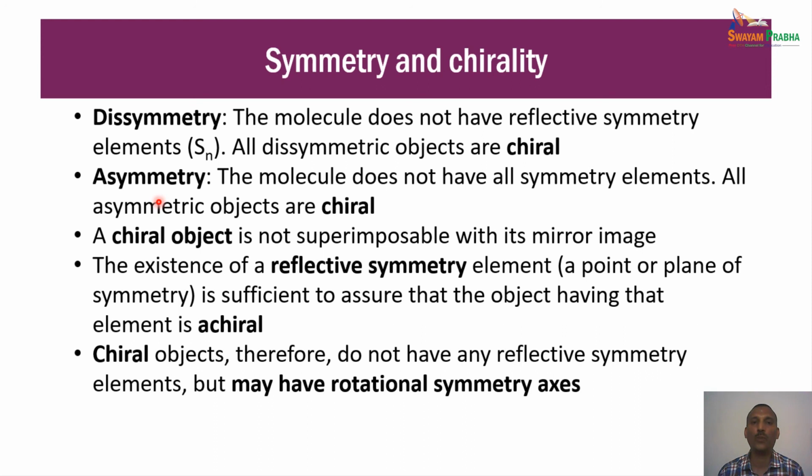So that is also possible. In many cases, the individual atoms may not be chiral, but the molecule as a whole can be chiral due to planar symmetry or helical symmetry or axial symmetry.